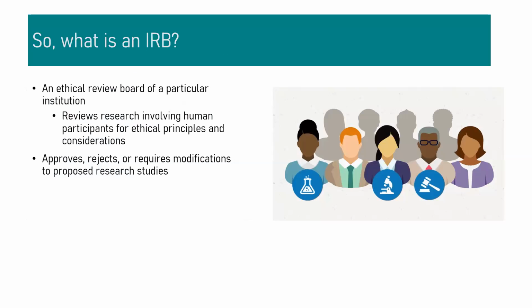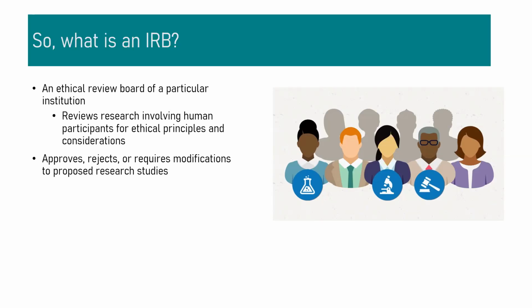So next I want to talk more specifically about the IRB. What exactly is an IRB? The IRB, or institutional review board, is an ethical committee in a particular institution. This committee's job is to review research involving human participants for the ethical standards that we talked about before: beneficence, justice, and respect for persons.